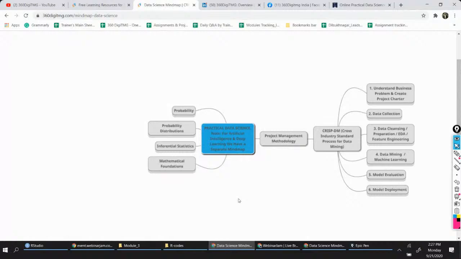And as an analyst, as a data scientist or a data analyst, the majority of the effort that you will put in will be in working with data. When I say working with data, the raw data that you're receiving has to be pre-processed and prepared so that you use it for further analysis.